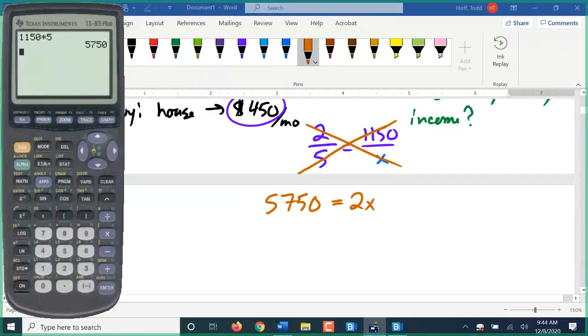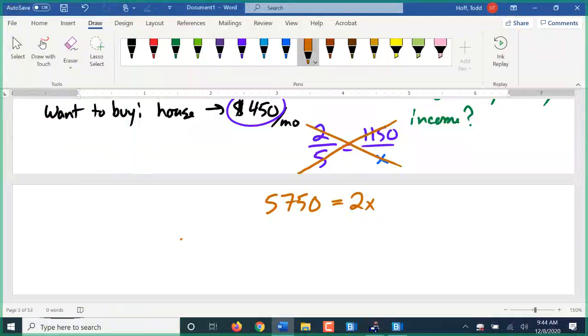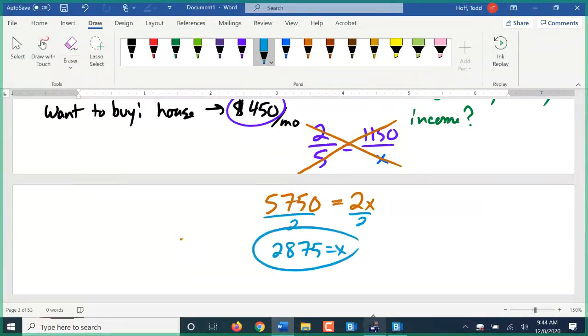And then to finish solving this, I divide by the 2. $2,875 equals X. So your gross income for the month has to be at least $2,875, or you will not have that minimum 2-to-5 debt to income ratio.